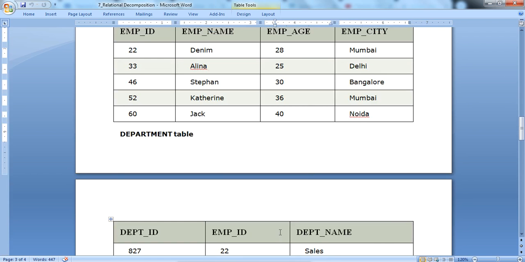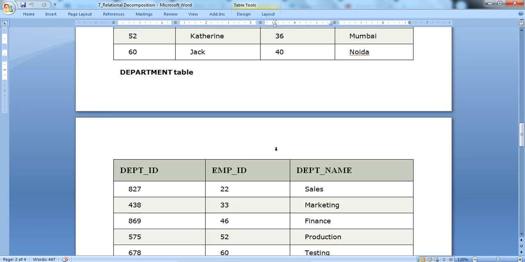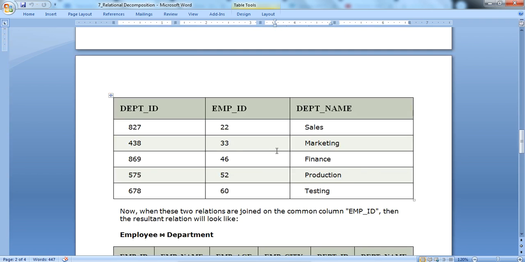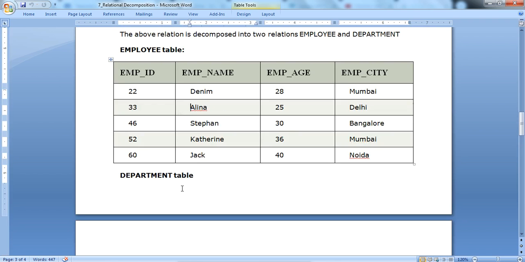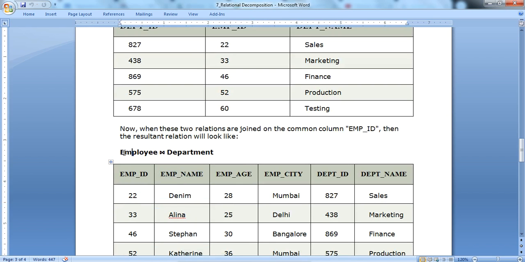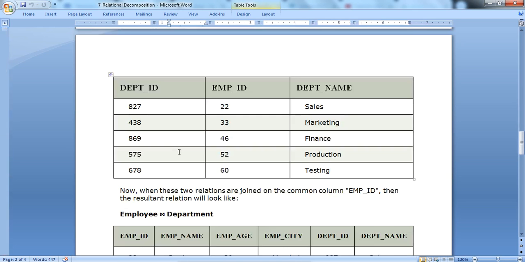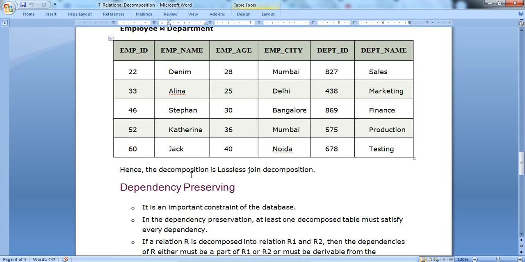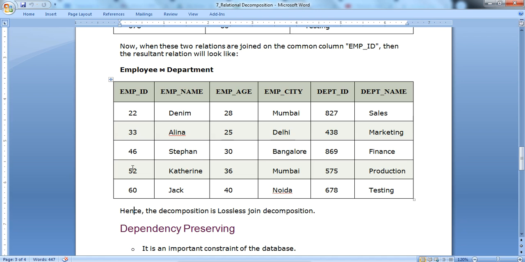It generates two tables as a decomposition, and when we combine these two tables again, we get the original one. Then we can say that the given decomposition is a lossless join decomposition.